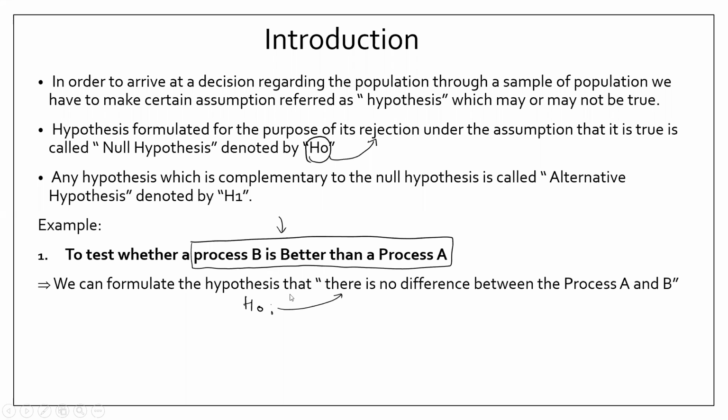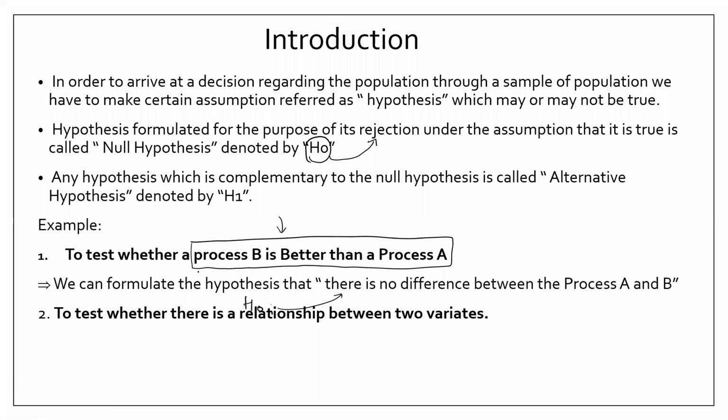Okay, let's try another example. Test whether there is a relationship between two variables. You have x and y, two variables, and you have to test whether there is a relation between the two variables or not. What null hypothesis do you take? Again, you take the null hypothesis that there is no difference between the two variables.